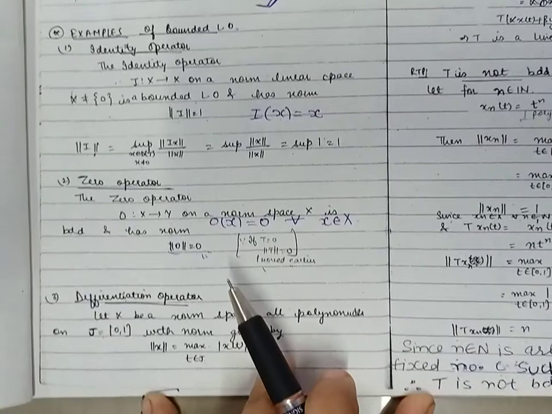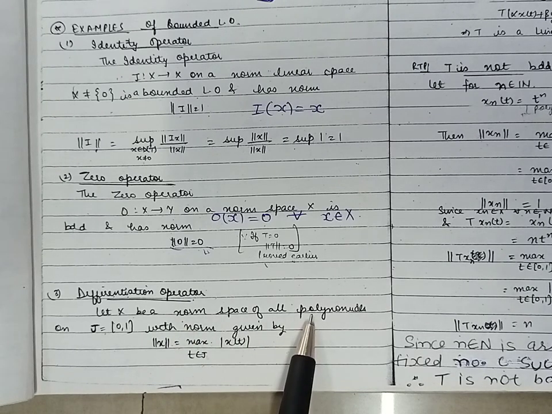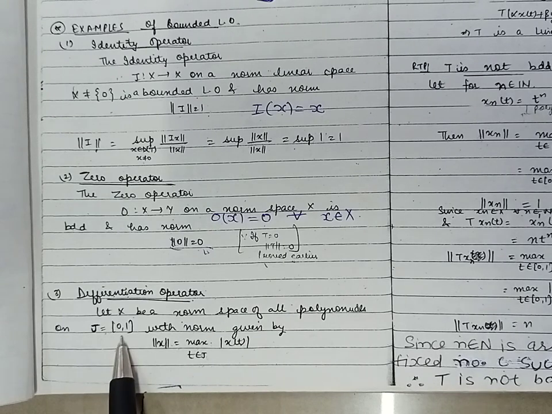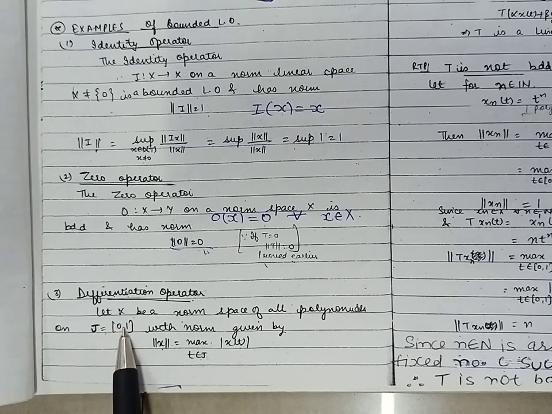The next example is the differentiation operator. Let us take a normed space X, the space of all the polynomials defined on the closed interval [0, 1], with the norm of x defined by the maximum of mod of x(t), where t belongs to the closed interval [0, 1].